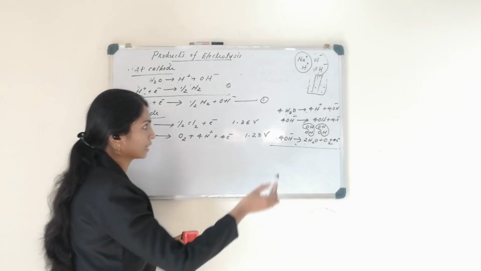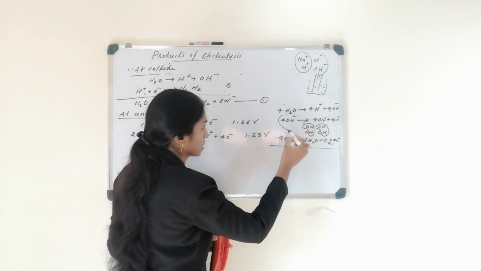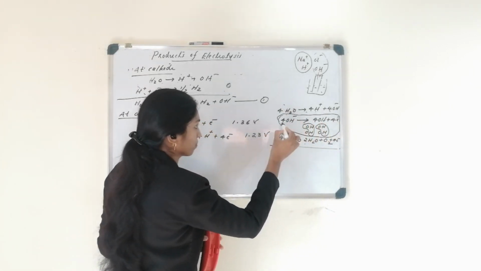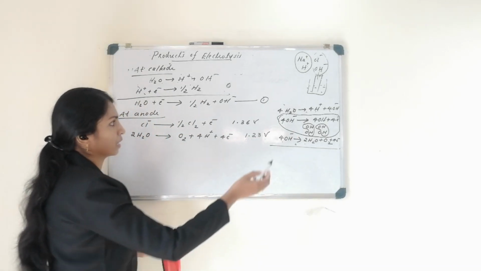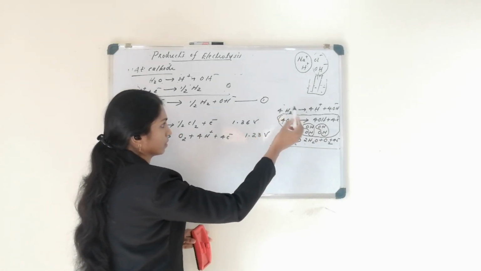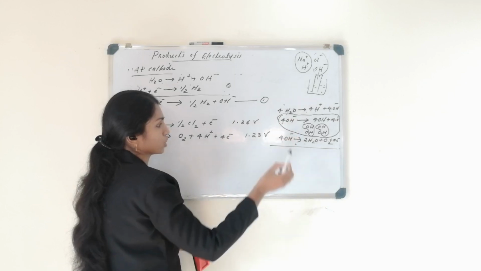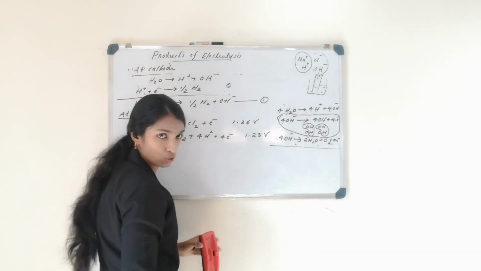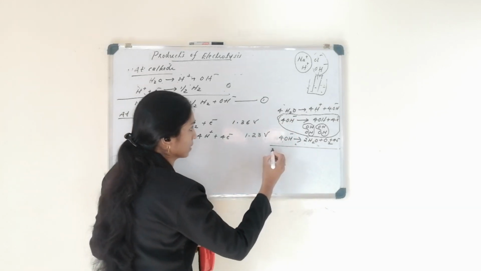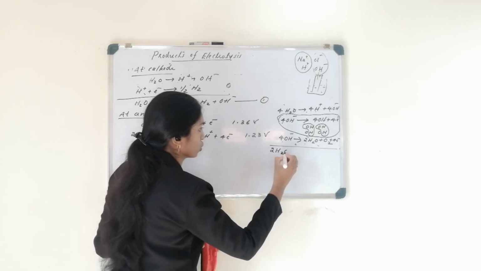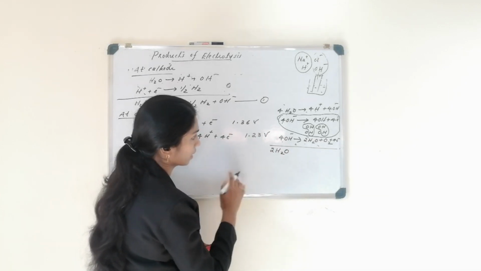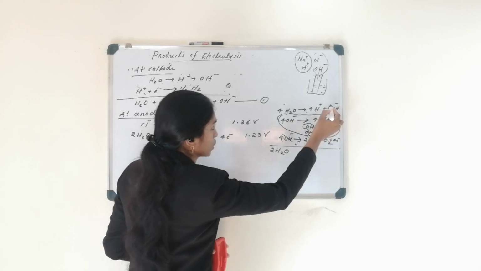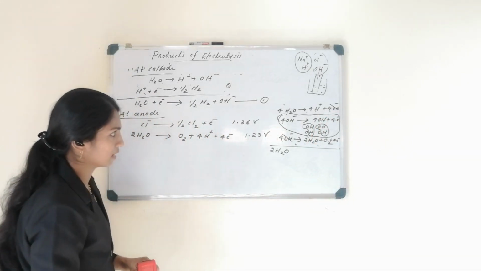Then we can write this in the left side. Then this 4H2O and this 2H2O, that will cancel, and we will get 2H2O in the left hand side. Then this 4OH minus and this 4OH minus, that get cancelled.